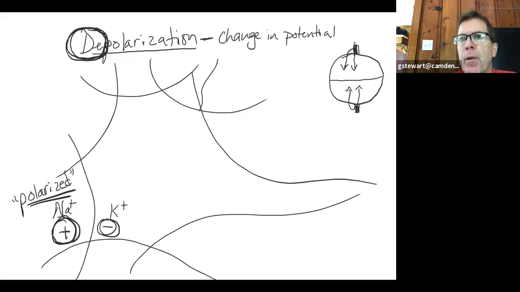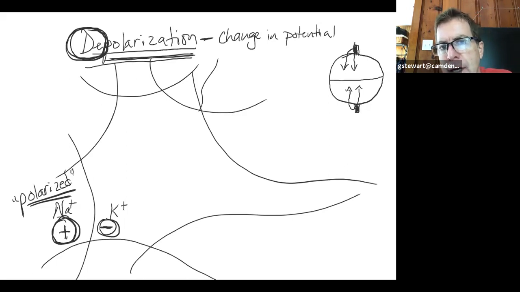Same thing applies to depolarizing a membrane. If we make this membrane that is positive out, negative in, less polarized, then we are depolarizing that membrane. So what's going to happen during depolarization is actually, just to cut to the chase, I'll start here tomorrow.